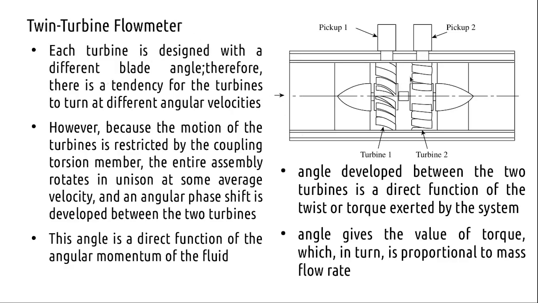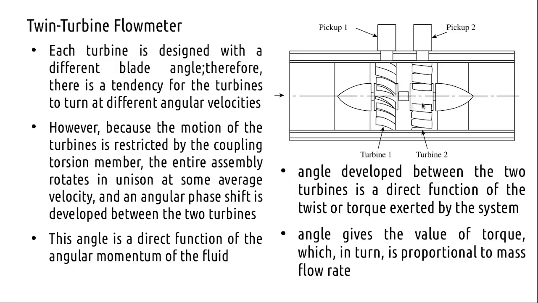These two turbines are having some phase shift, deliberately introduced. If you observe these turbine blades from this side, another view will give you a different angle, and so each turbine is having a different blade angle. So obviously they will be running at two different angular velocities, and this torsion bar is going to restrain this motion.